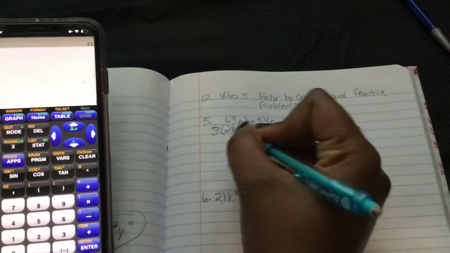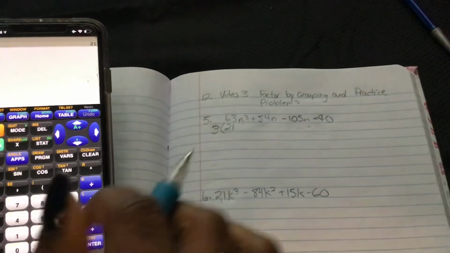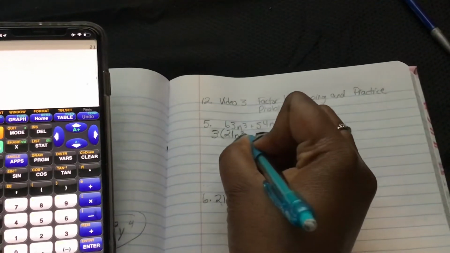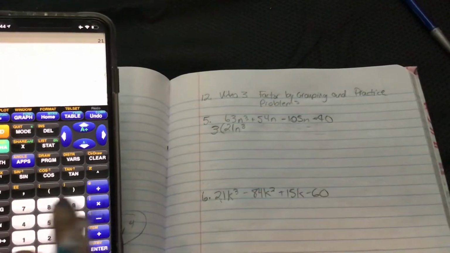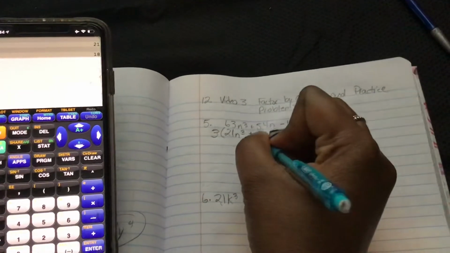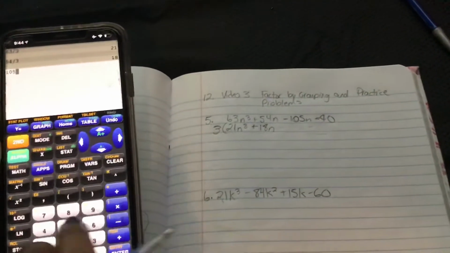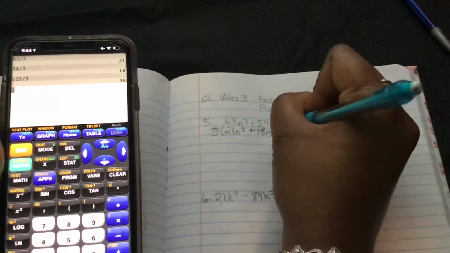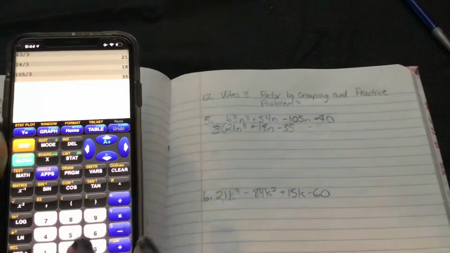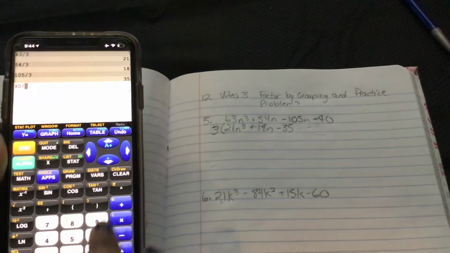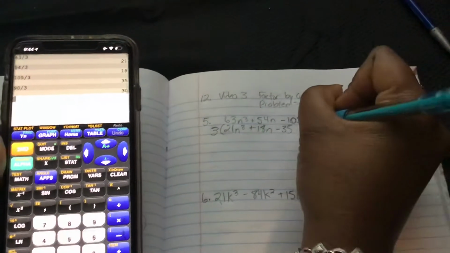Then you're going to divide 3 times that 54. Let me bring down the n to the third power. Sorry, y'all. So you have 54 divided by 3, and that gives you 18. So this is plus 18n, okay? And then you're going to divide 105 divided by 3, and that's going to give you 35n. 90 divided by 3, that's going to give you 30.